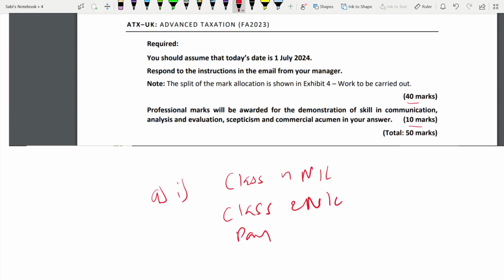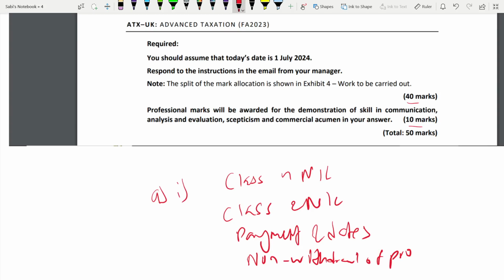See, there are no marks for calculating income tax, okay? It has been given to you, that's why. Payment and dates, then non-withdrawal of profits, that is equipment and inventory.